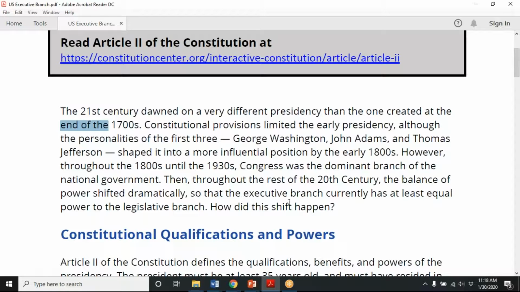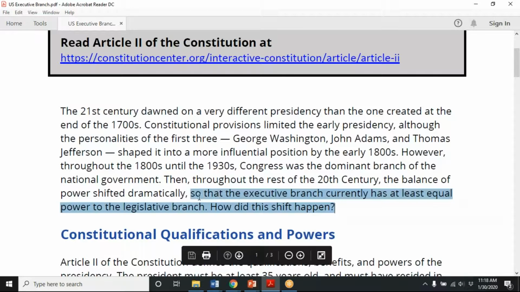How did this shift happen? Anytime you're reading something and there's a question, I love it when there's a question in a reading, because then I know that that's the question that's going to be answered. That the rest of this reading is probably going to answer that question.